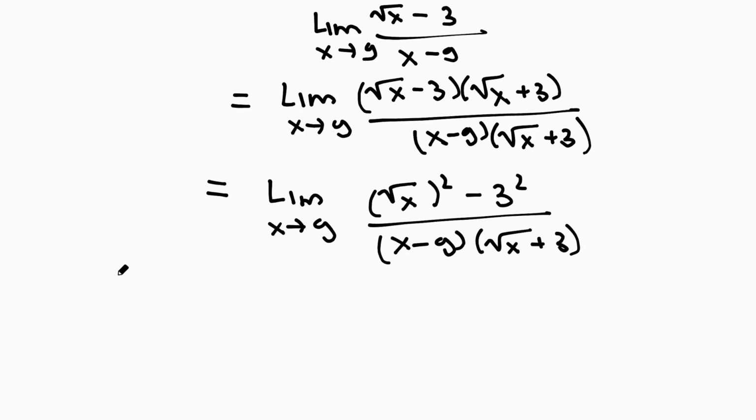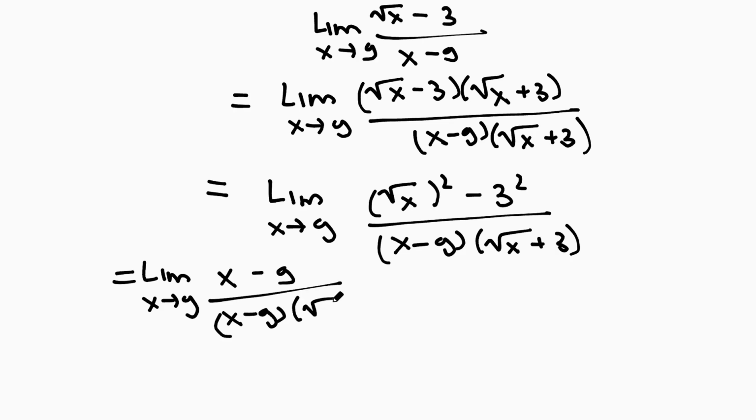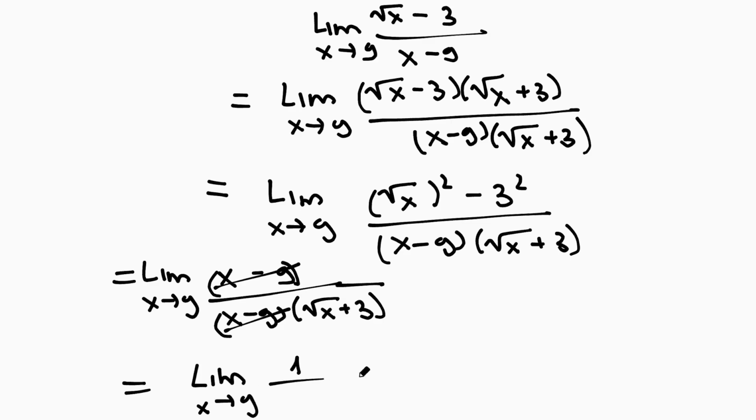That's right. And now you can get rid of the square root here. And it's just going to be x minus 9 over x minus 9 times square root of x plus 3. These two will cancel each other out, and you'll have 1 over square root of x plus 3. And it's going to be 1 over 6.